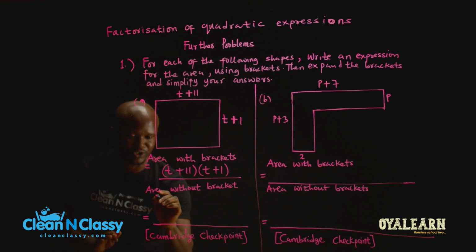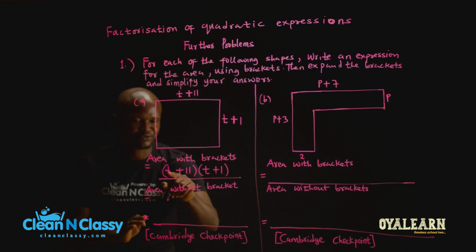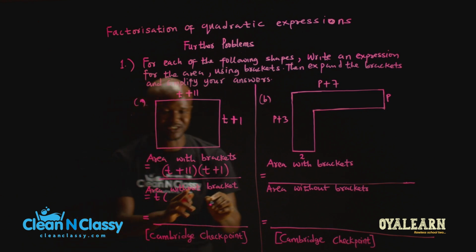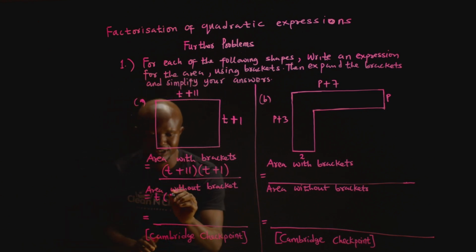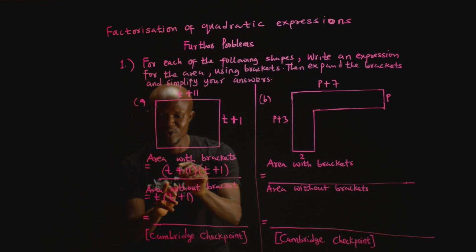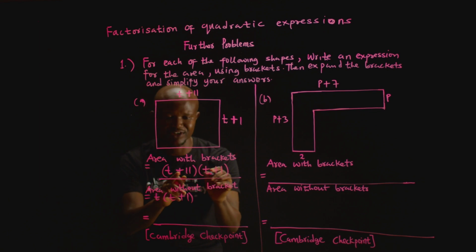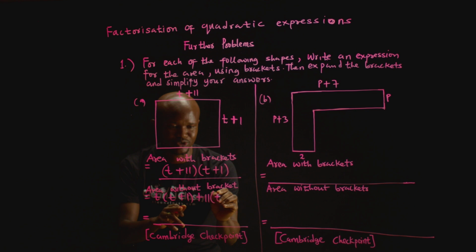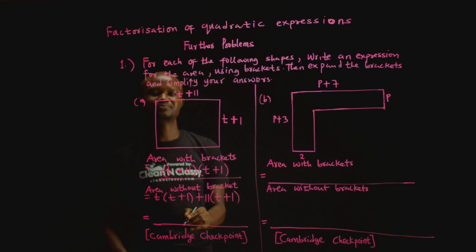Expanding this, what are we going to have? We pick the first one, t, into bracket t plus 1. Then we use this second one to multiply everything here: plus 11 into t plus 1.